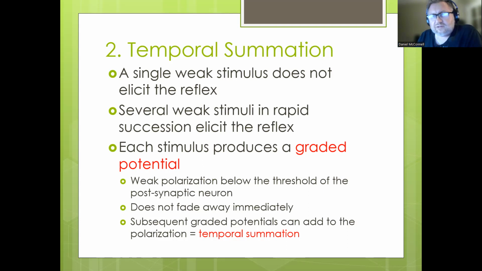So even though the individual strength of any one of those taps is too weak to activate the neuron, two successive taps that are weak like that add their effects together, right? And that's why we're calling this summation, because these two different stimuli can sum together their influence onto the neuron.